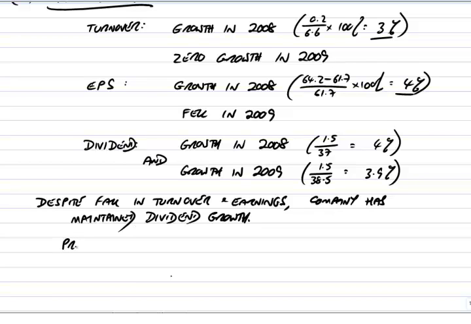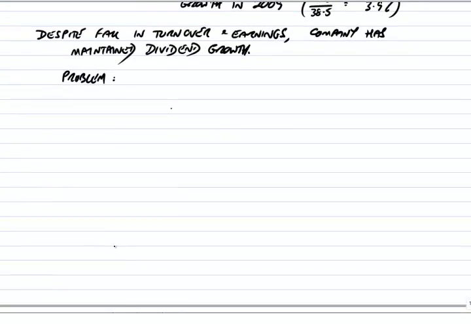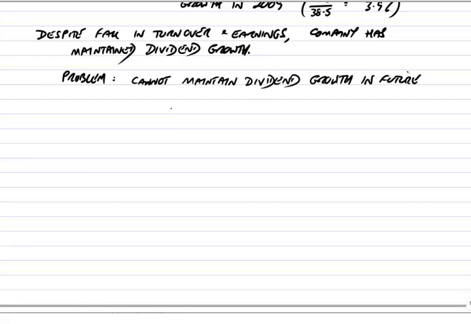The big problem, of course, is that they cannot maintain dividend growth in the future unless they turn the company around, unless they start getting growth in turnover and earnings.